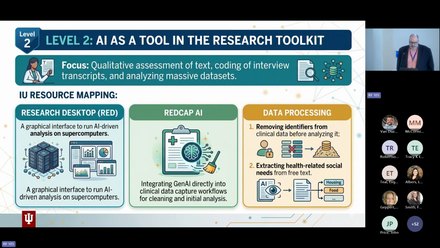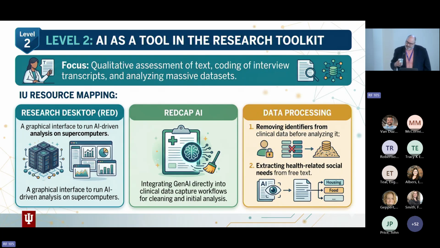So opportunities there. But we also think about these examples of data processing. For example, AI can be and is being used to remove identifiers from protected health information or from clinical records where there's protected health information. That's another example of AI as a tool in your toolkit that may not necessarily be the focus of the research.